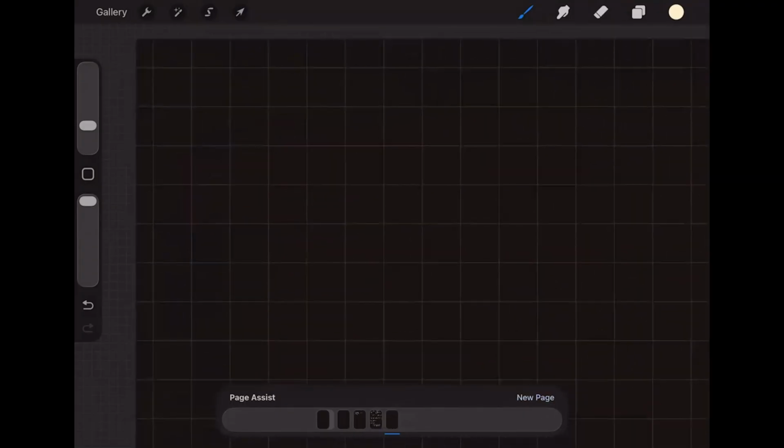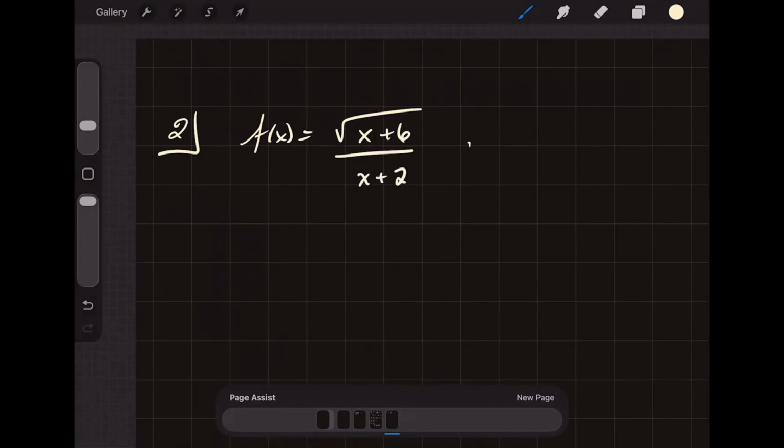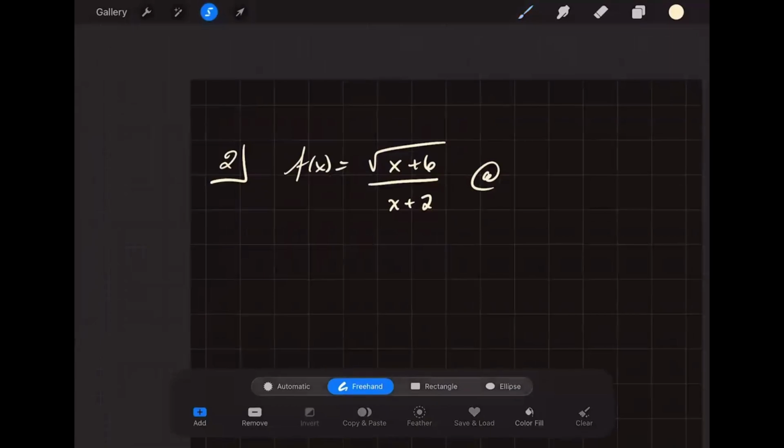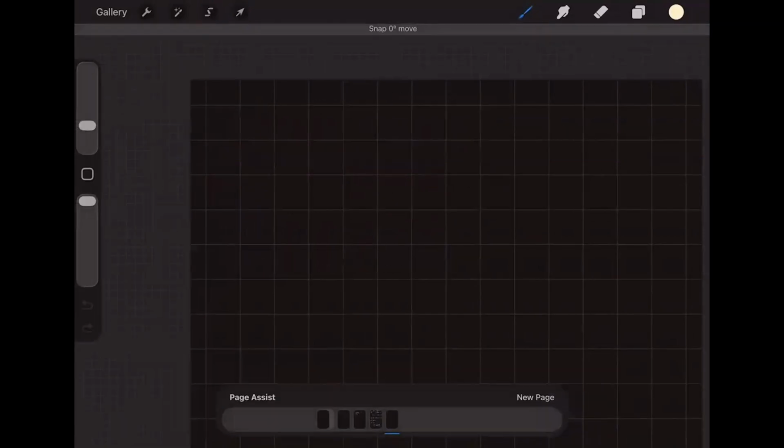Let's take a look at number 2, which is f of x equals the root of x plus 6 all over x plus 2. Actually, this one is less interesting, I'm just going to cut this out.